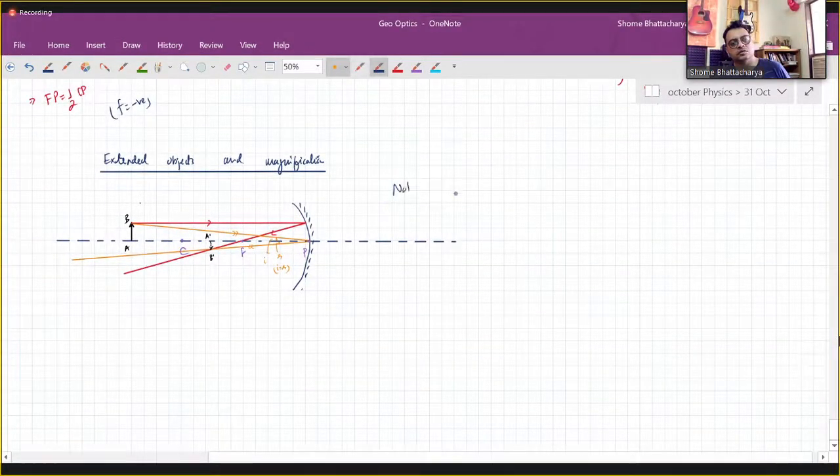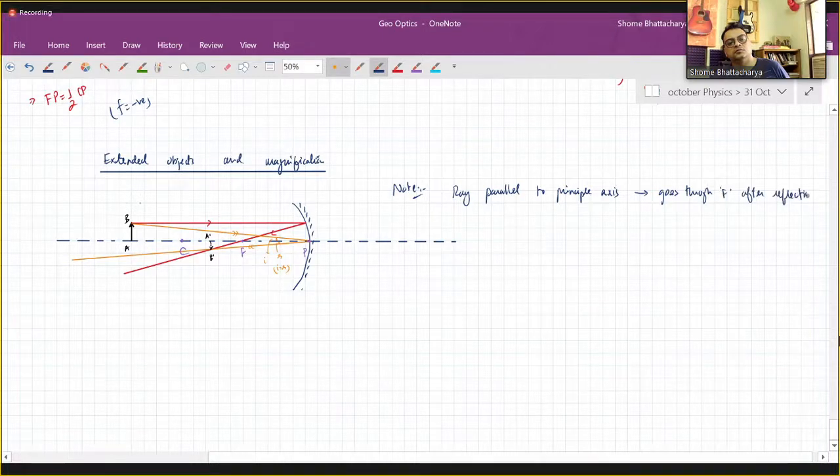So incident ray parallel to the principal axis goes through the focal point after reflection. Okay.